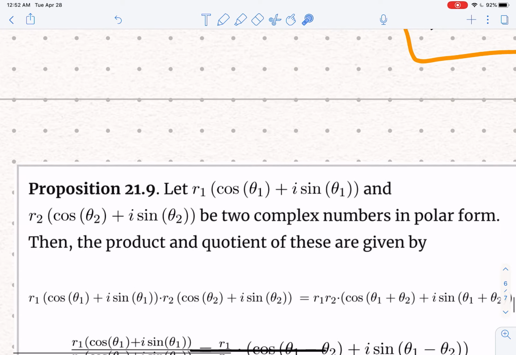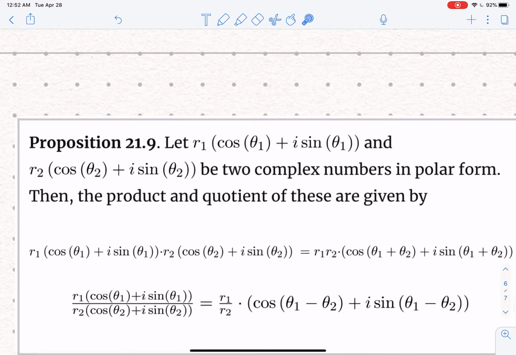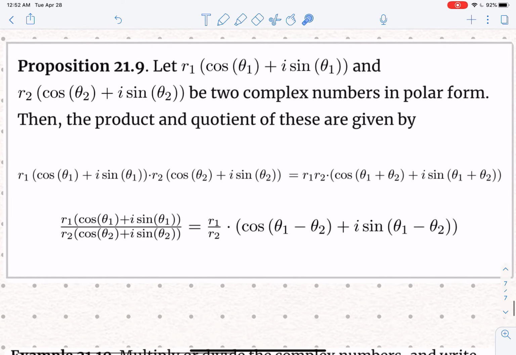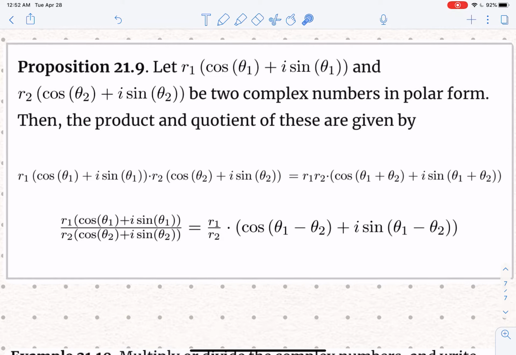All right, let's go ahead and look at the formulas. So if we have two complex numbers in polar form, we're going to have a first complex number in polar form, and it's going to look like this right here. It has a modulus r1, times cosine of theta 1, that's our first angle, our first argument, plus i times sine of theta 1.